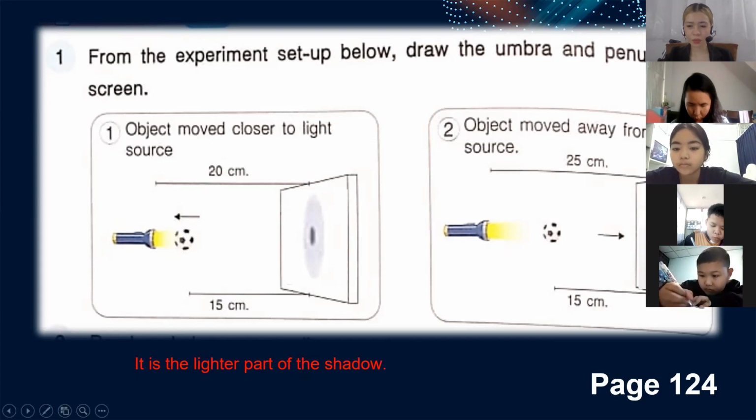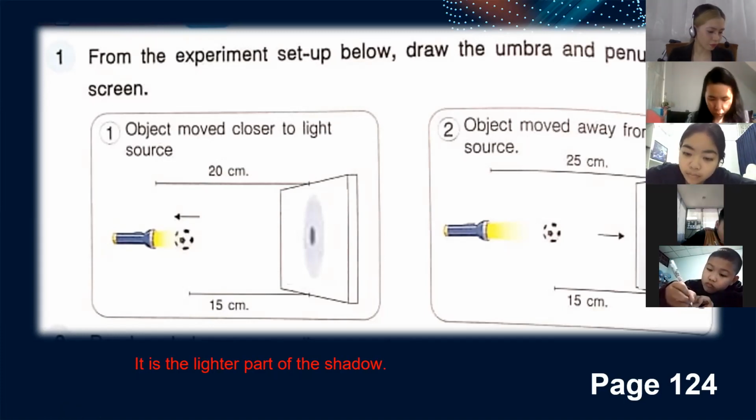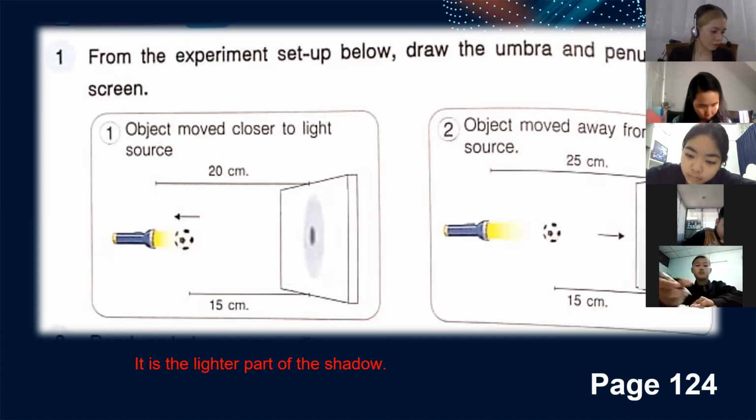For number 2, the umbra will be bigger than the penumbra, okay? Tell me if you're finished.